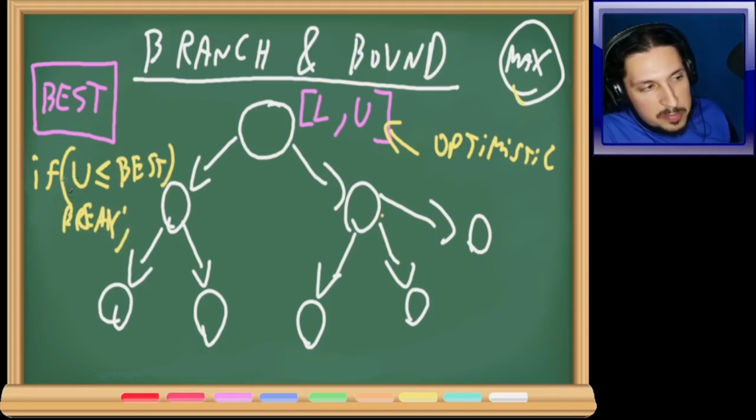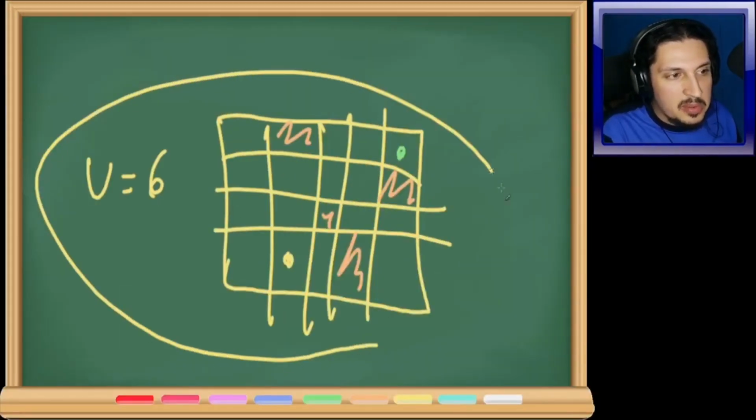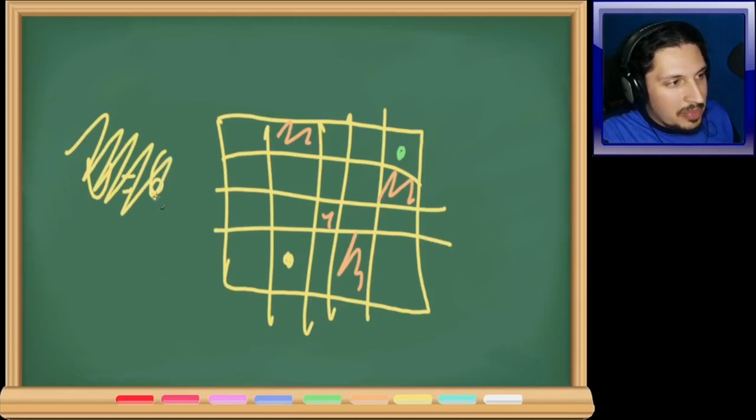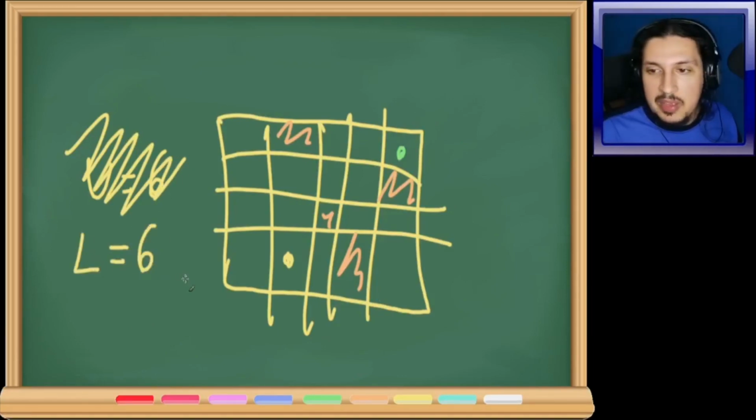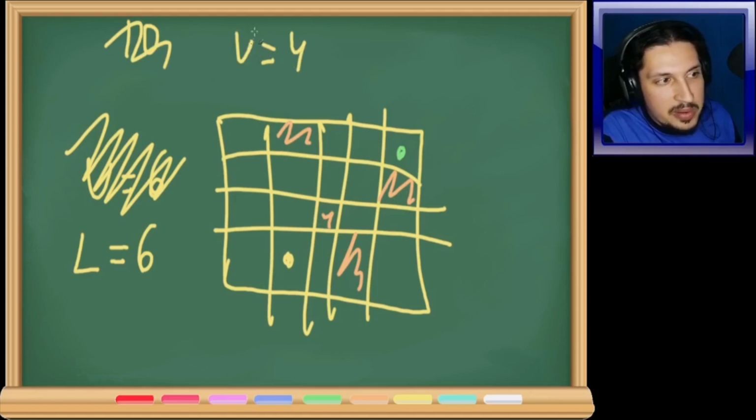Again, this problem that I used as an example is a minimization problem, so actually the optimistic bound is the lower one, this one would be L. But the idea is the same. If I am maximizing, for example, the remaining time, and I start with 10 seconds on the clock and each step is 1 second, since the minimum distance is 6, I will at most get 4 seconds on the clock.